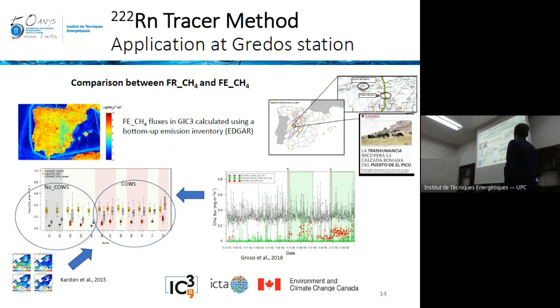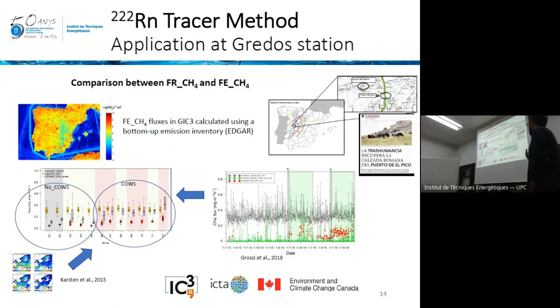And what we could see is that during some months, the observed fluxes of methane were similar to the inventories, but in some of the months, the inventories gave much larger emissions than observed.